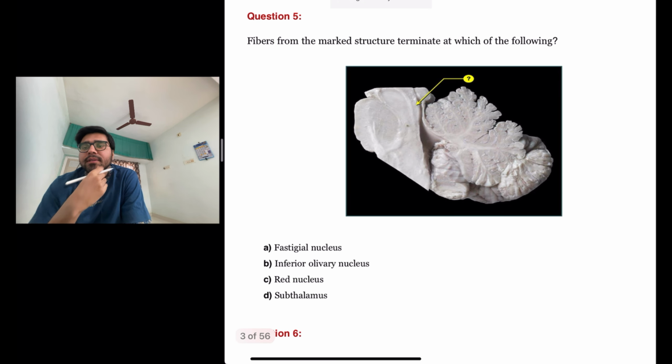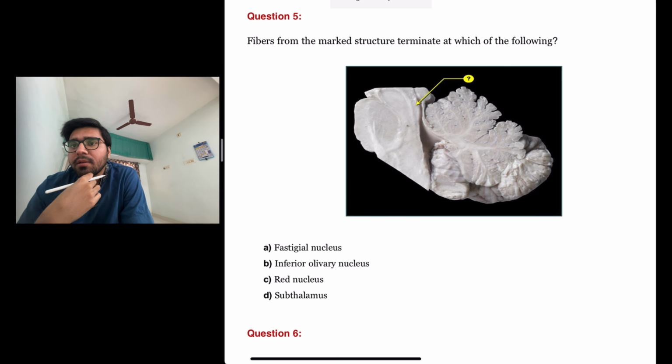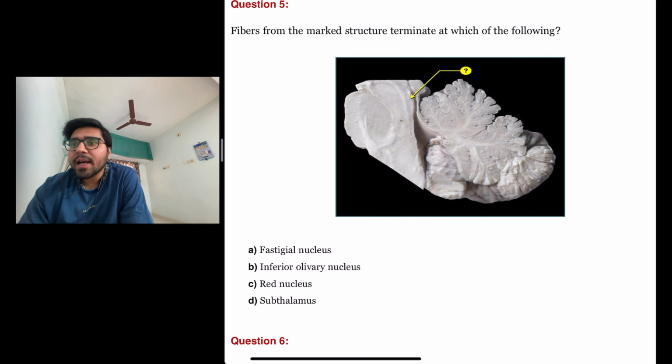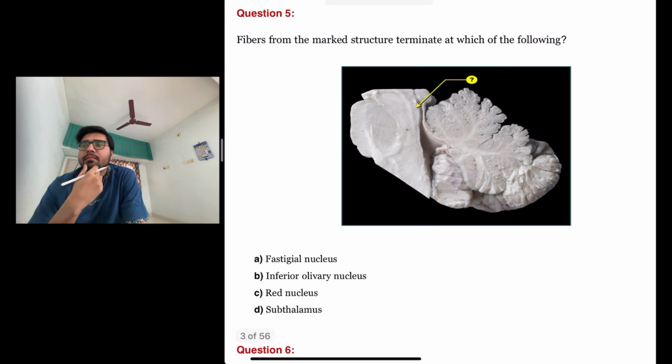The next question is, fibers from the marked structure terminate at which of the following?